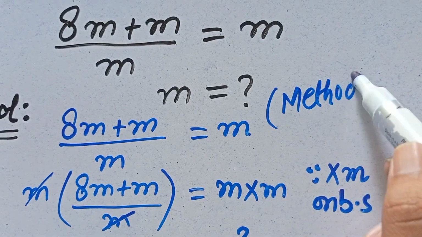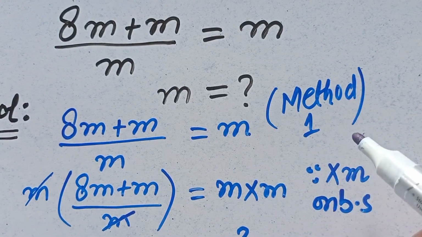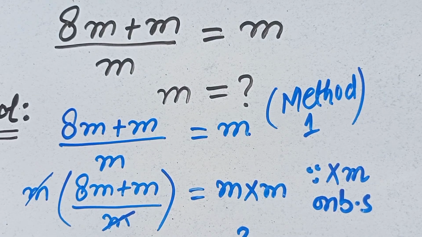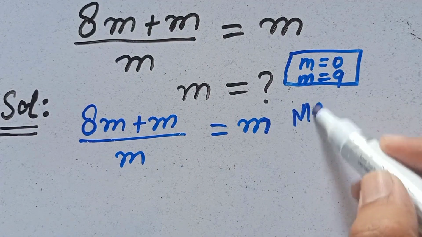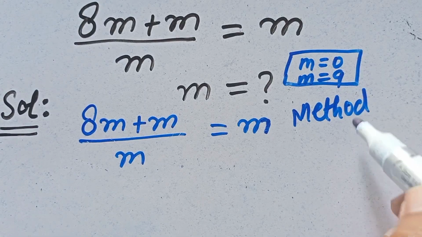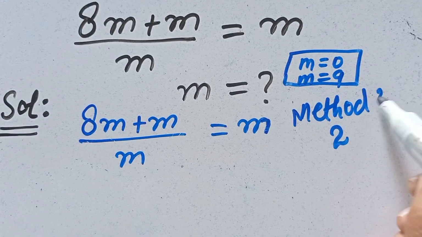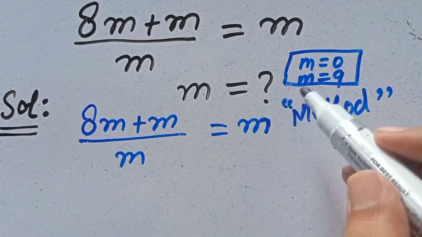Now we will simplify the same equation by another method, a very shortcut method. From the first method we got m equals 0 and m equals 9. Let's see what we will get by solving it by the second method.